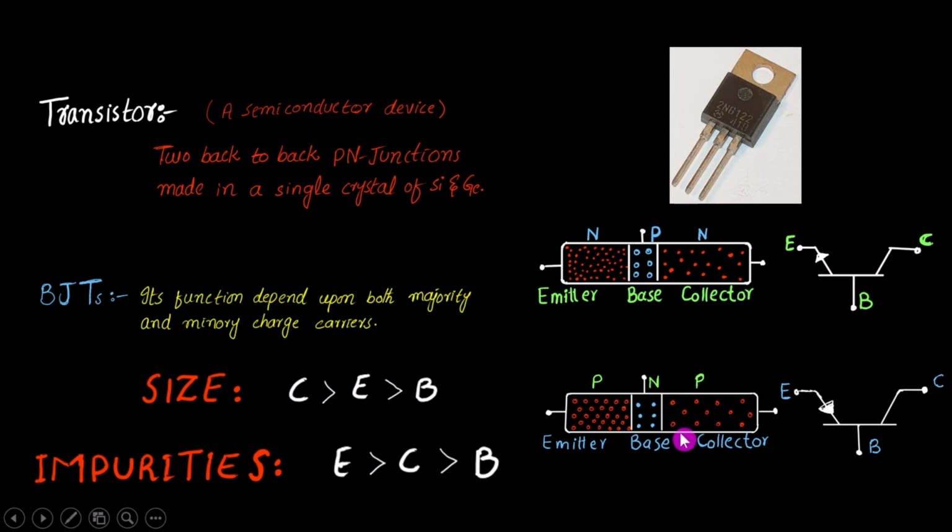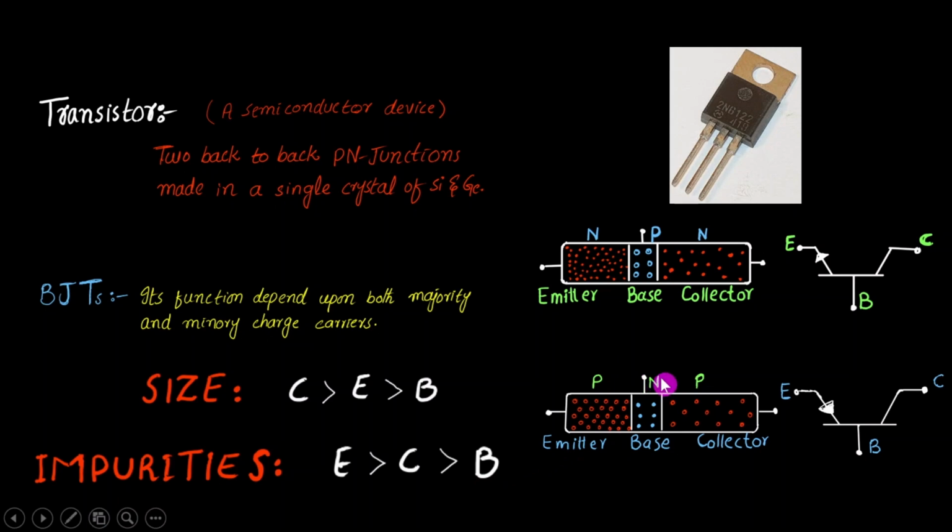Okay, and the impurity of the collector will be greater than the base and less than the emitter. So here what I am going to mention is that on the basis of impurity, we have this pattern: the emitter will have more impurities. It will be more doped. Okay, the emitter has more impurity than the collector, and the last one is the base.